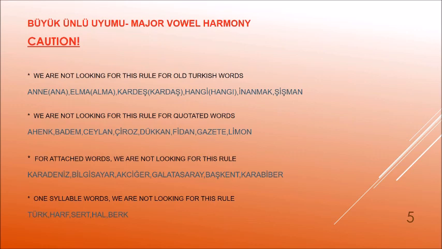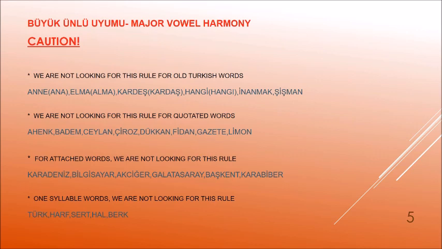The third rule says for attached words, we are not looking for this rule. Attached words, we are attaching 2 different words and together it becomes a new word. So the real meaning is totally different than the two component words, such as Karadeniz. Kara and deniz together becomes Karadeniz.